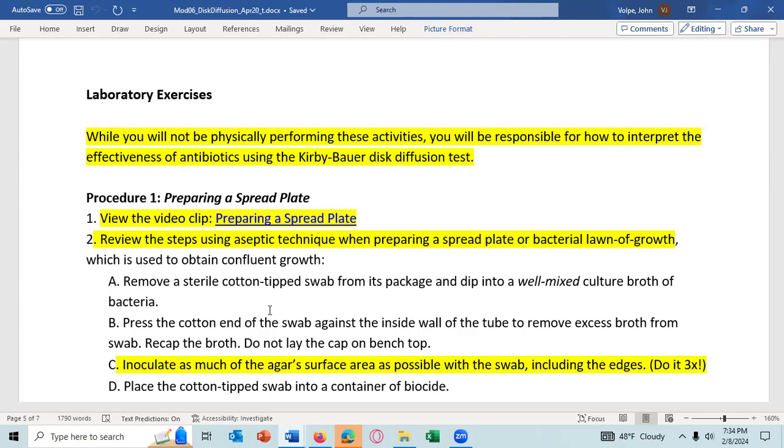I once had a student who, when she was doing this, she didn't swab everywhere. She went doop, doop, doop, doop. I'm trying to show it to you. Maybe she didn't even do it 3 times. I don't know. The point is she had vast areas of the plate that had no bacteria. And then she tried to measure the size of the zone of inhibition around the disc, and it was impossible to do because she didn't have bacteria growing everywhere on the plate.